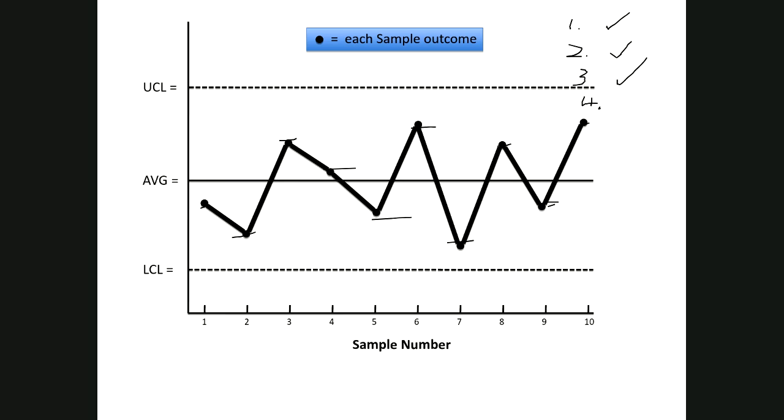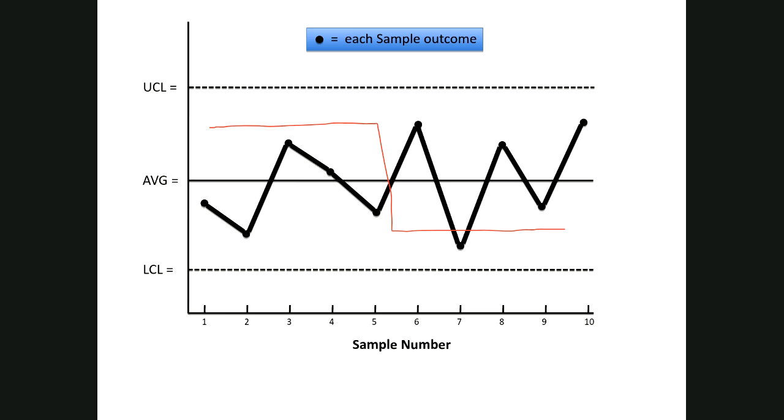So what we don't want to see is the following. What does it mean when we're saying that there's a pattern? Well, a pattern could be, do the points start here and do they increase over time with each sample? Or do they decrease? Or is there some pattern where some are above and then all of a sudden some drop below?